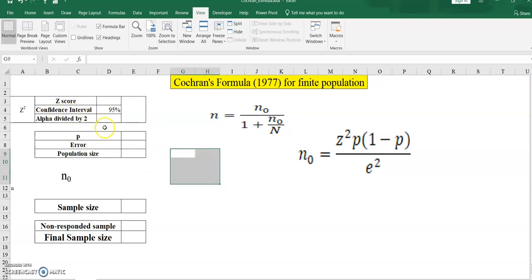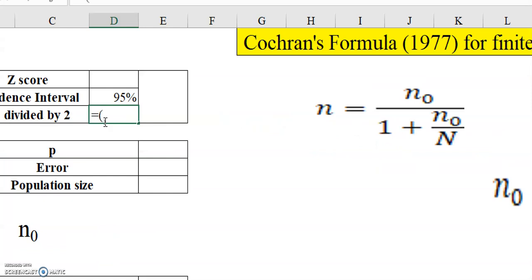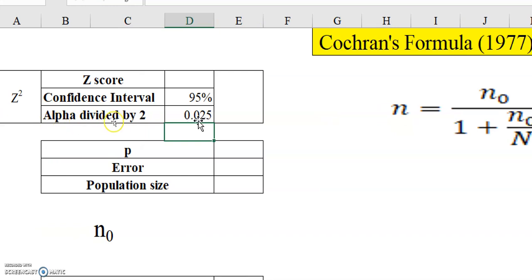Now let's talk about alpha divided by 2. Here the formula is equal to 1 minus 95% divided by 2. So alpha divided by 2 is 0.025. So what would be the Z score?